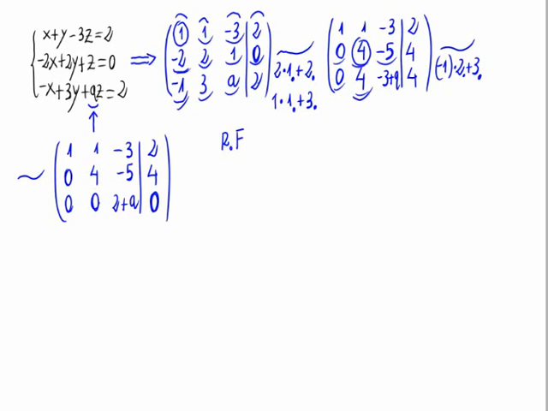Using the Rouché-Frobenius theorem, we have to take a look at the system of equations that we had at the beginning and compare it with the one we've obtained, and we can see that they are equivalent systems.